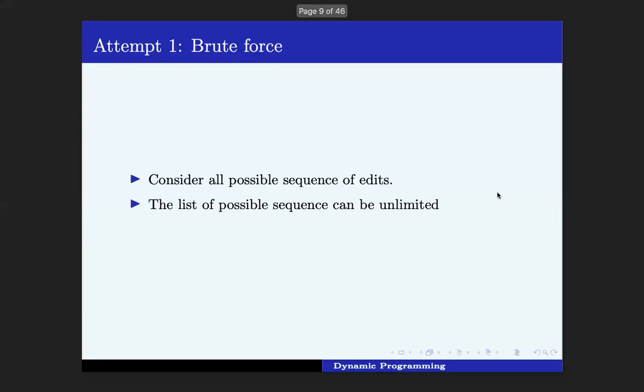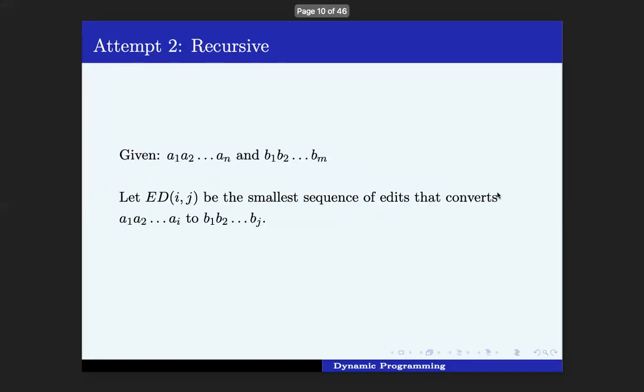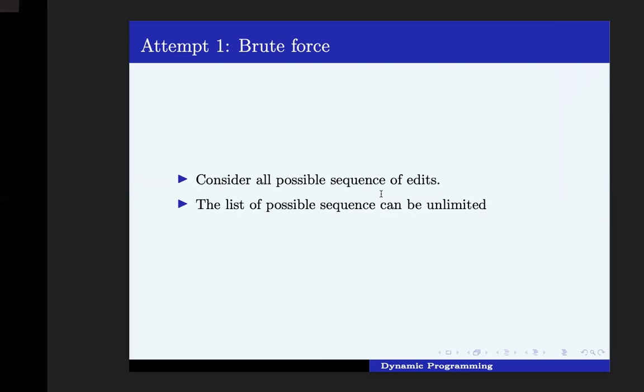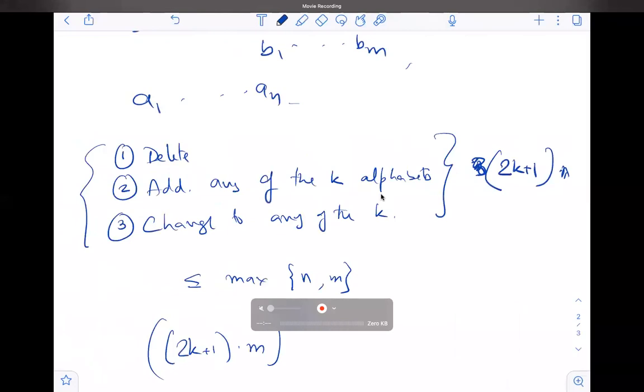The possible number of edits can be unlimited, but you can upper bound it, since the minimum must be less than the maximum of n comma m. So we only look at all the possible sequences of edits where the number of edits is less than that. That's an exponential number. You go over all of them and you find it.